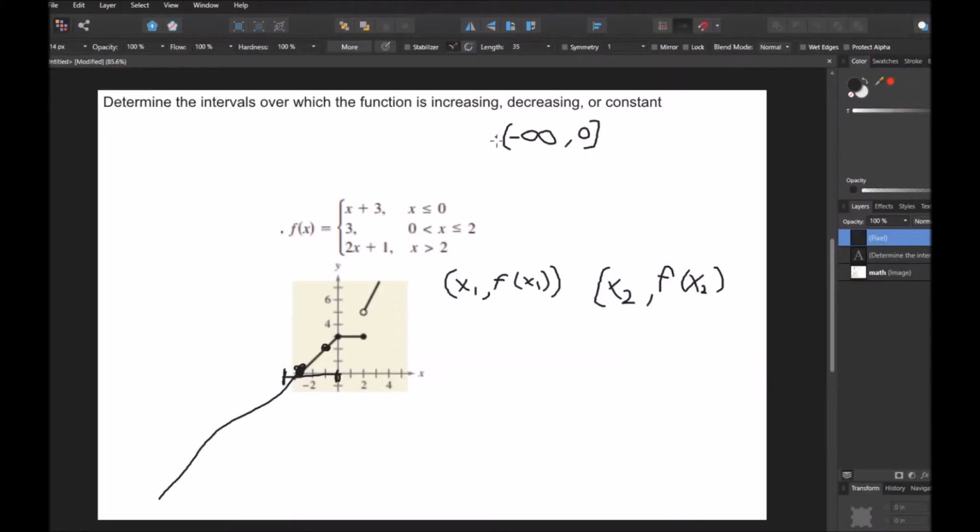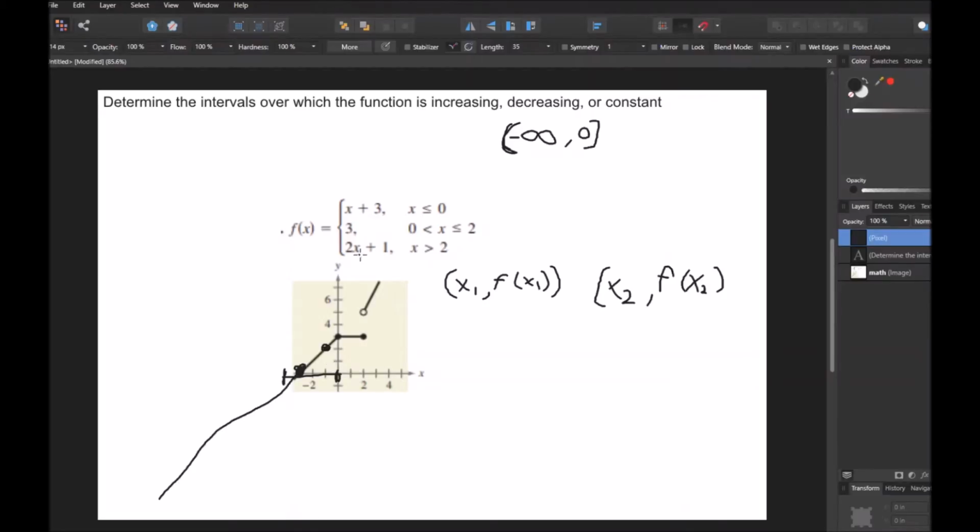So the reason we leave it open for negative infinity is because you can't really represent negative infinity by a number, so you can't say this is inclusive to negative infinity. So we have to do this open bracket here. It's a closed bracket for 0 because this is less than or equal to 0 in this piece right here, meaning that 0 is included here, and it will be increasing up to and equal to 0.